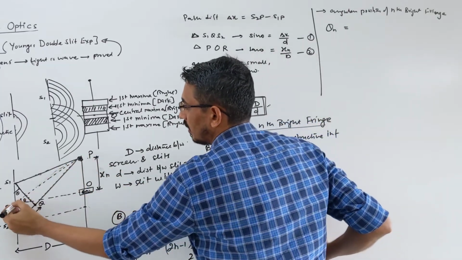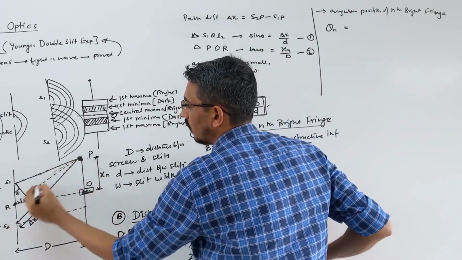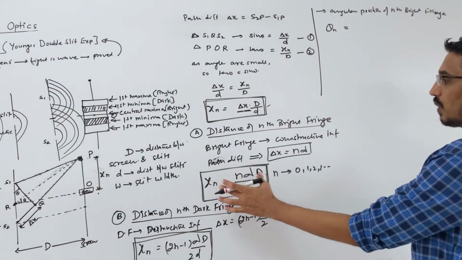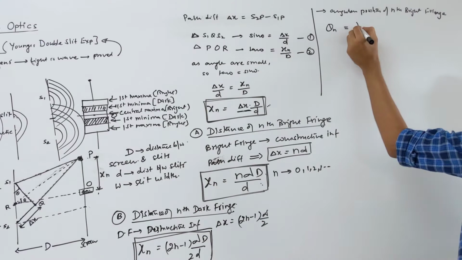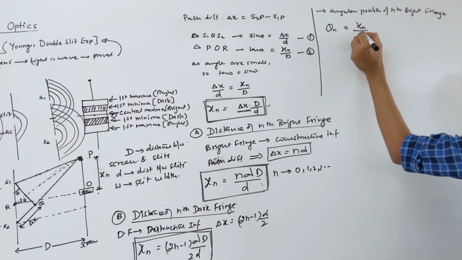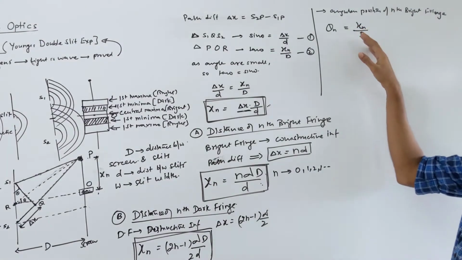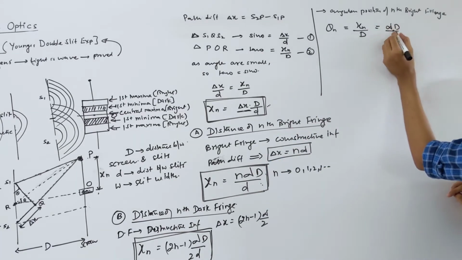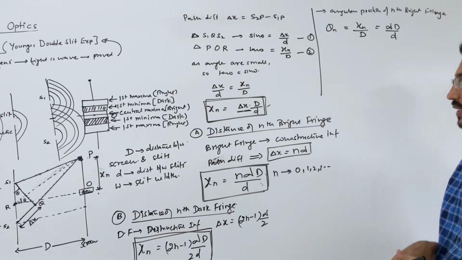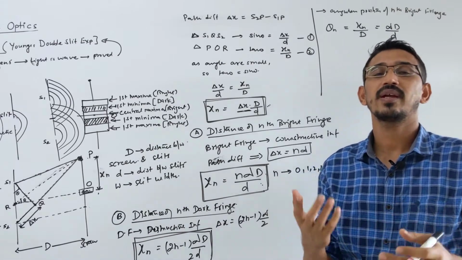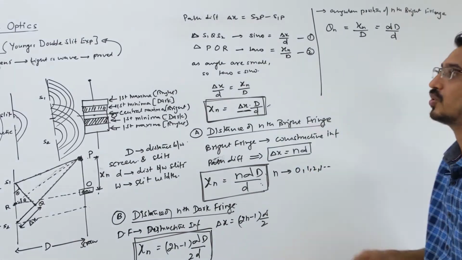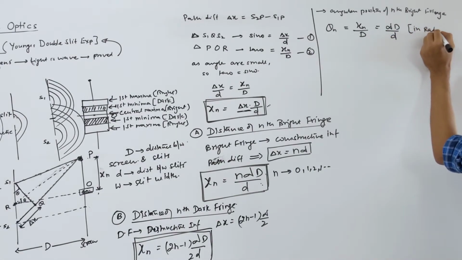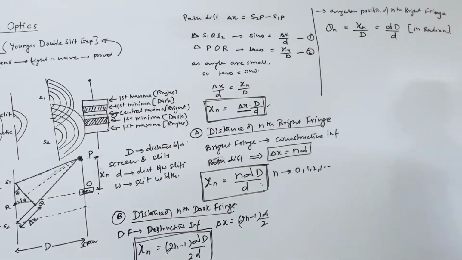In this triangle, tan theta is xn by D. But generally we don't know this, so what we know is n lambda D by d. This is the angular position. Here the answer will be in radian, the SI unit.